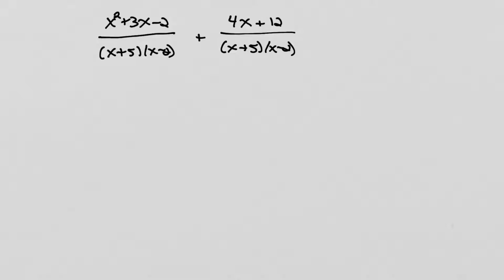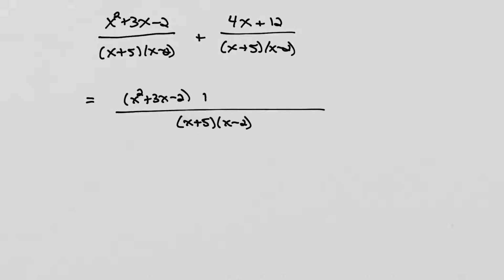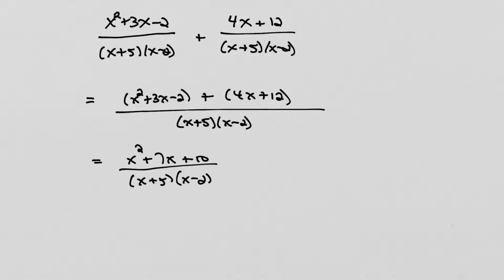What we can do is then put these two things together. Okay. So this will just give me this common denominator. And up top I have my first fraction, my first numerator, plus this second numerator. Okay. And then if we put these together, I have an x squared, a 7x, and a positive 10 all over x plus 5 and x minus 2.